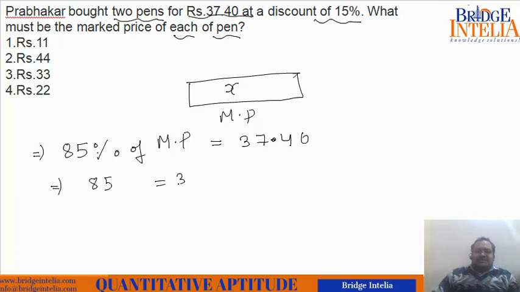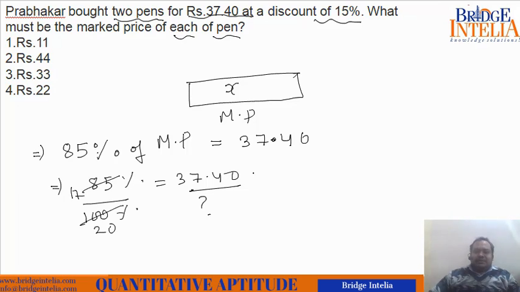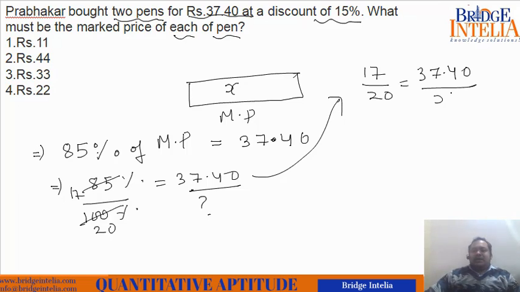85% of something is 37.40. So what is 100% of that thing? Because marked price is 100%. So 85 and 100, that is 17 by 20. So 17 by 20 is equal to 37.40 by the unknown figure.